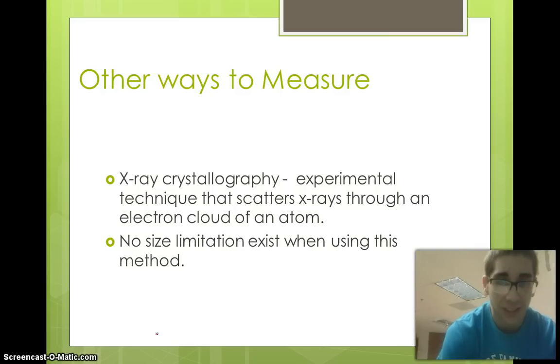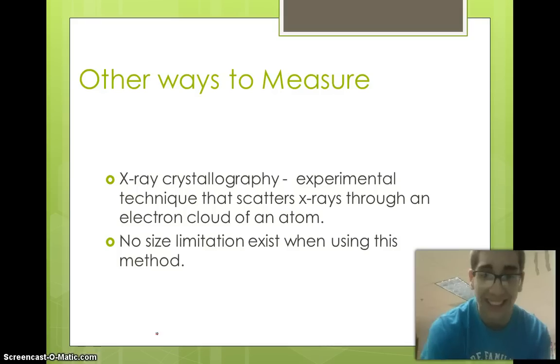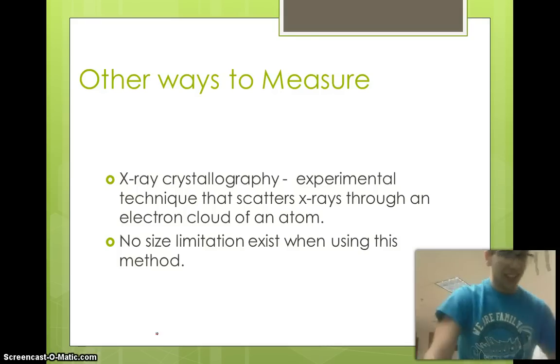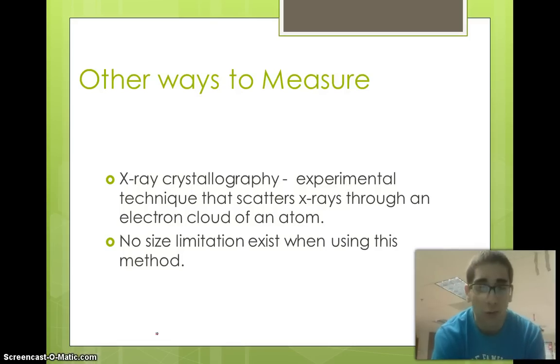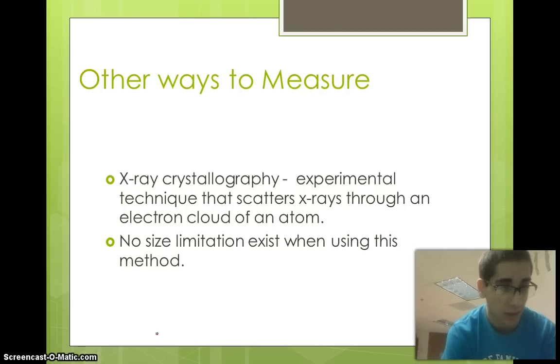So X-ray crystallography is an experimental technique that scatters X-rays through an electron cloud of an atom. It is not an imaging technique, and X-rays are used because they have the proper wavelength to be scattered by an electron cloud.